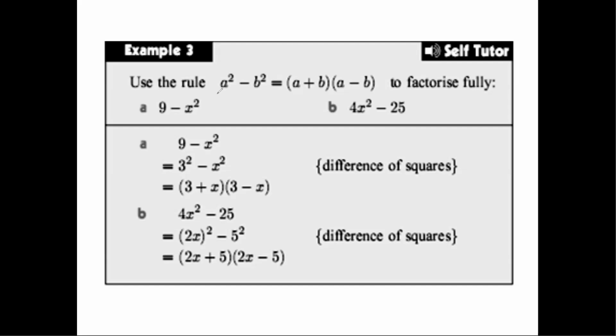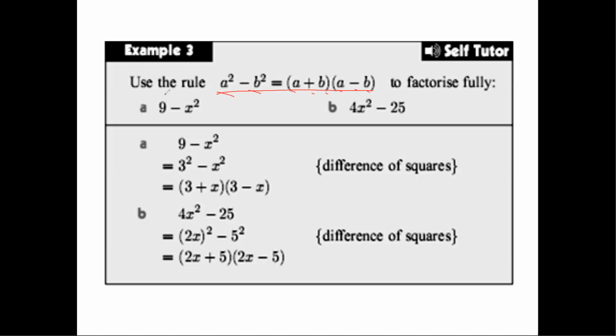Whenever you see an expression of the form a squared minus b squared, that factorizes to give you a plus b, a minus b. That's an identity that you can quote and use.